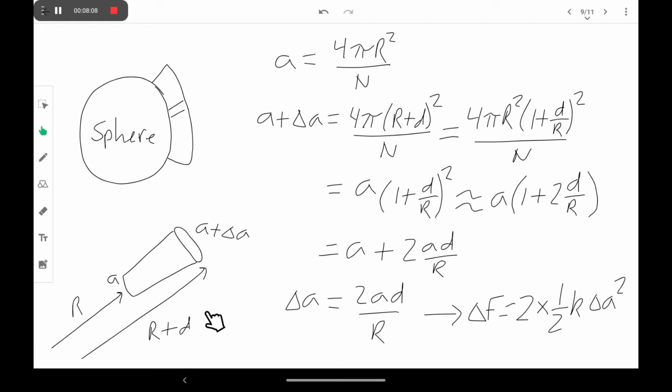So what we need to do is figure out what delta A is, and let's do it by looking at what A is itself. If there are n molecules covering the surface, then A is just the area of the sphere divided by n. Same idea for a bigger radius, A plus dA, so the total area up here ought to be equal to the area of a sphere of that radius divided by n.